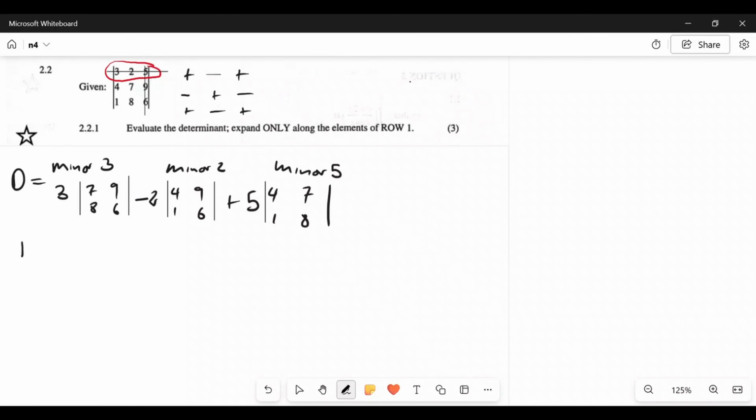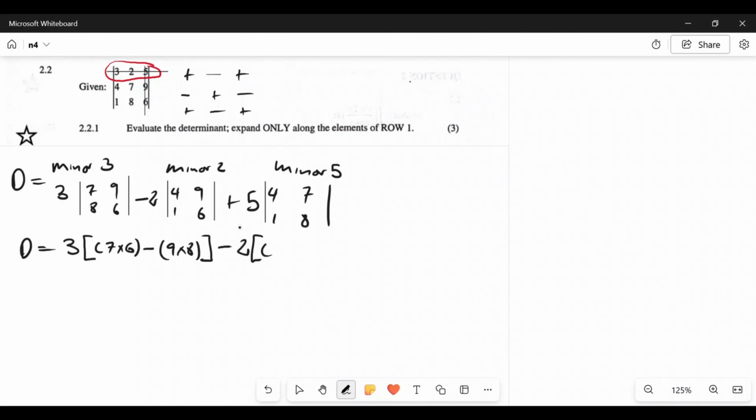So the next step from here, we're going to continue like this. We have this 3, so it's going to be multiplied by the following. We multiply the first entry, which is 7, multiplied by 6, minus the second entry multiplied by the third entry, which is 9, multiplied by 8. And then we close the bracket there. Minus 2, and then we open the bracket again.